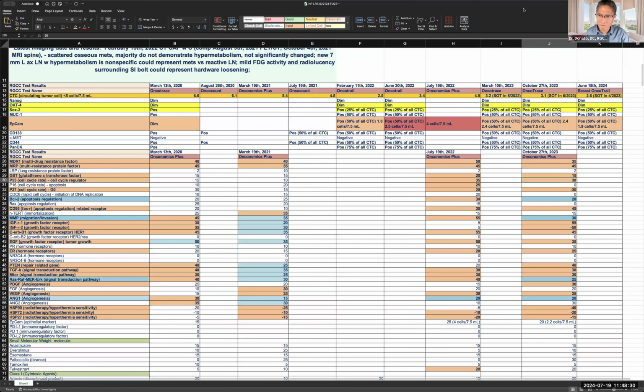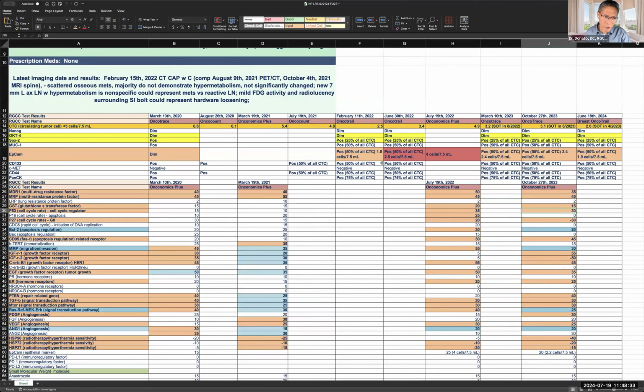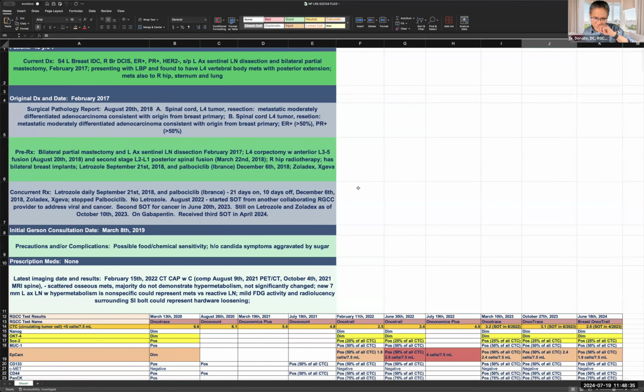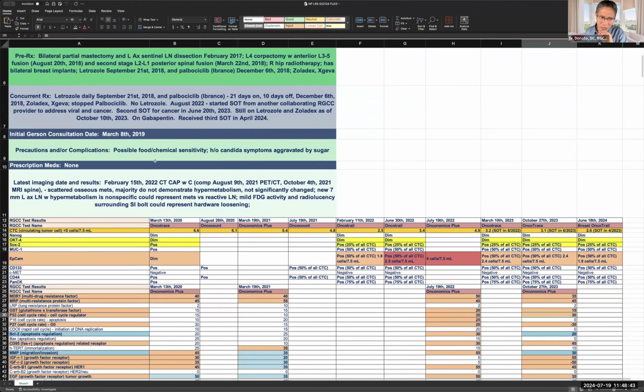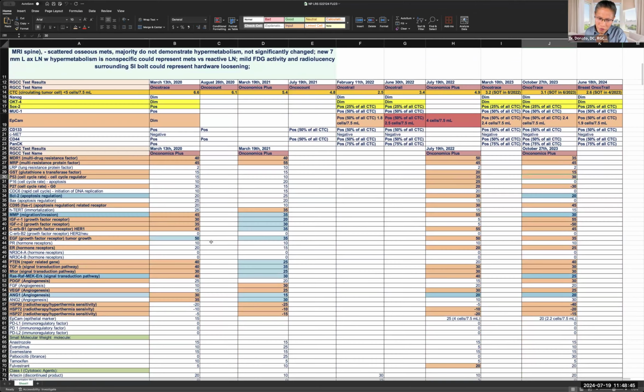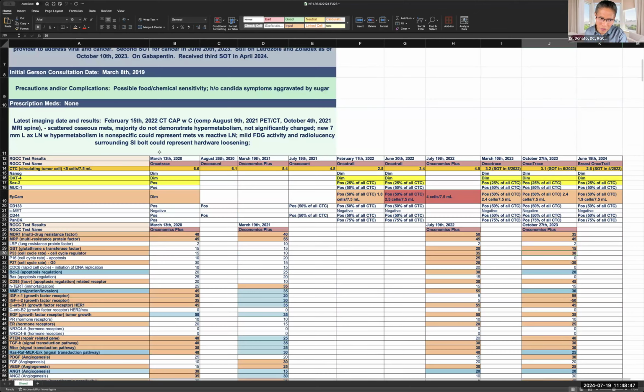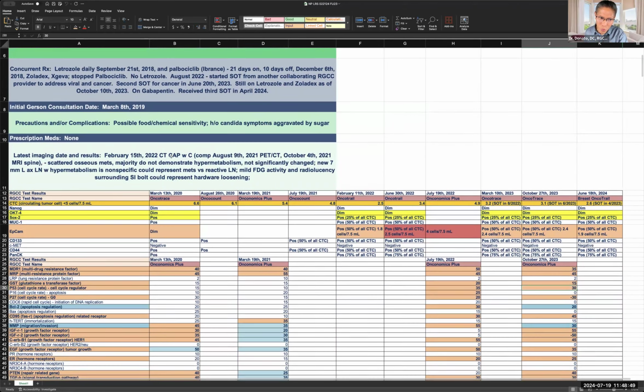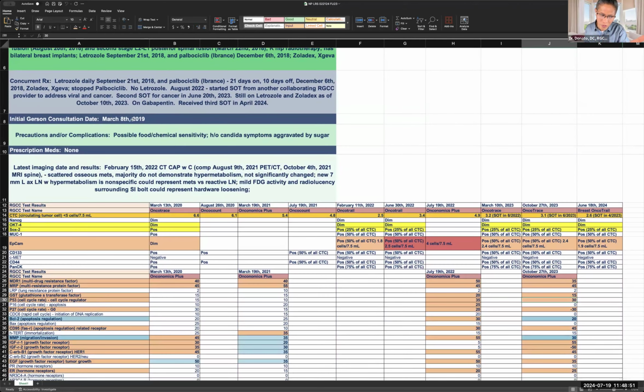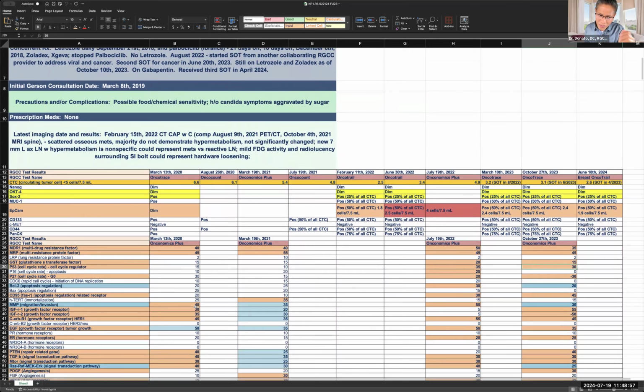So here's the spreadsheet. I got to know about RGCC in 2018, so I didn't really do much about it for the first year, but I did eventually order the RGCC. But here is March 13 of 2020. So I saw her in March of a year prior, 2019, and a year later, finally did the OncoTrace and the Onconomics Plus.